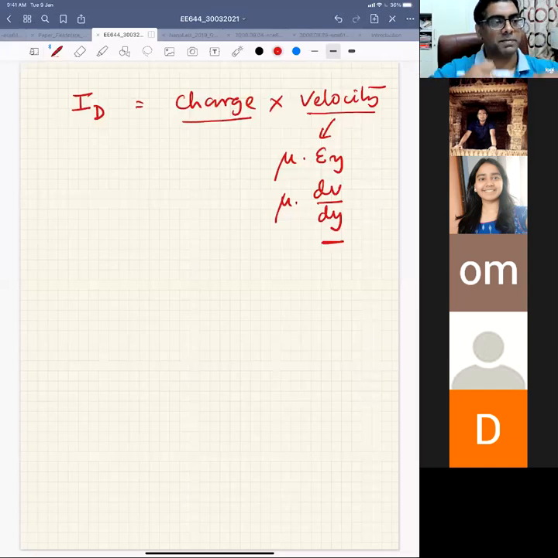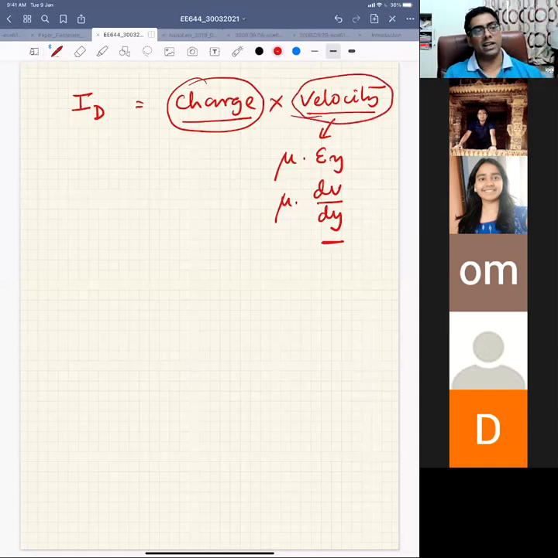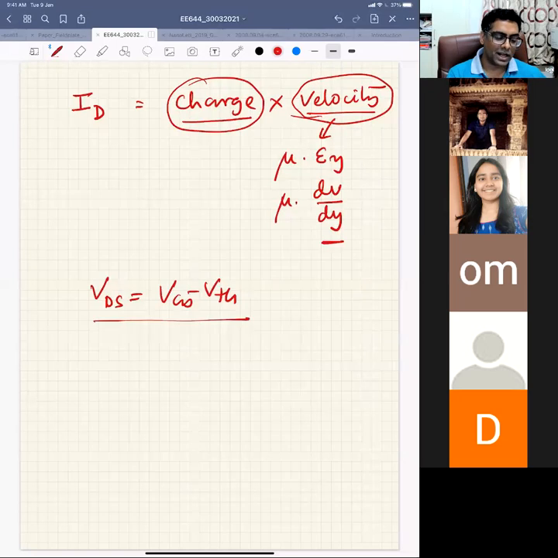Once the channel is pinched off, your charge remains constant, and your velocity remains constant because mobility is constant and your electric field is constant. So the moment your VDS equals VGS minus VTH, after that your current will remain constant because your charge is constant and your electric field is constant.